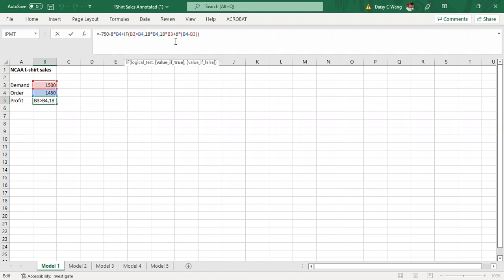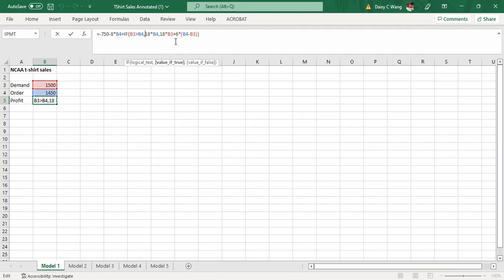Okay, so if you see here, if means that there's a logic. The first is the logical test: if this condition is met, then the second one after the comma will be the value if the first condition is true. Otherwise, it will be the third piece of information, the value will be this.